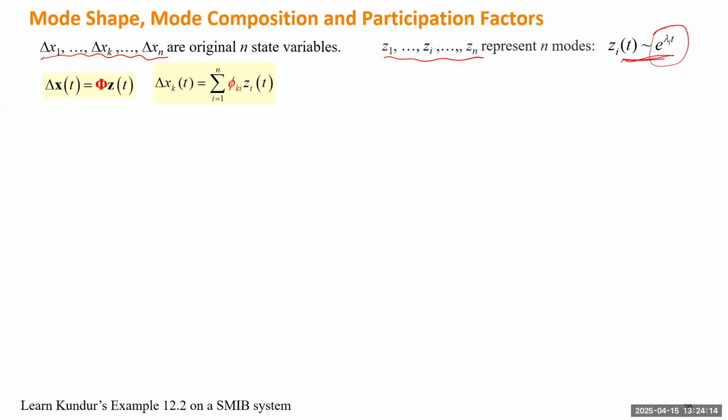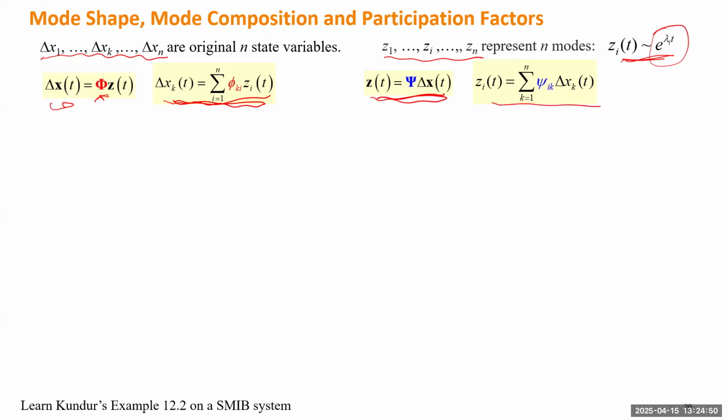From previous slides, we know the connection between the original state variables and new state variables uses this modal matrix, transforming the z vector to give the original state variables. If you spell out this formula for each individual variable, it is calculated by this expression. We can also move the phi matrix to the left-hand side, where it becomes the inverse. That tells you how you can transform the original state variables to the new state variables by this formula.